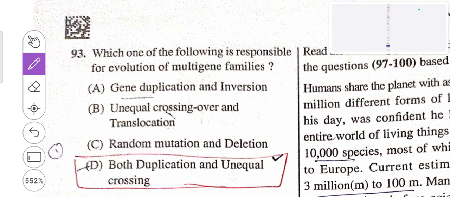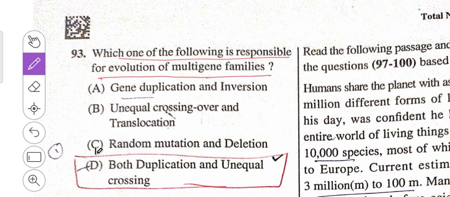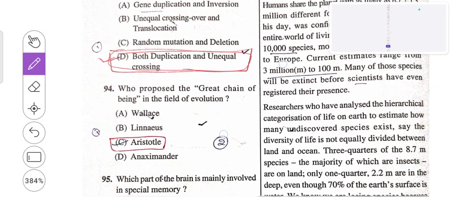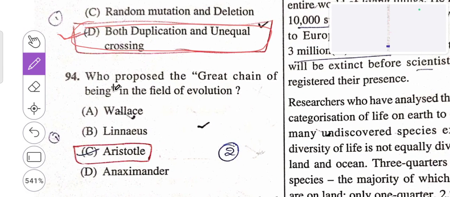Then 93 question. Which one of the following is responsible for evolution of multi-gene families? So multi-gene families arise through both duplication as well as unequal crossing over. Then 94th question. Who proposed the great chain of being in the field of evolution?